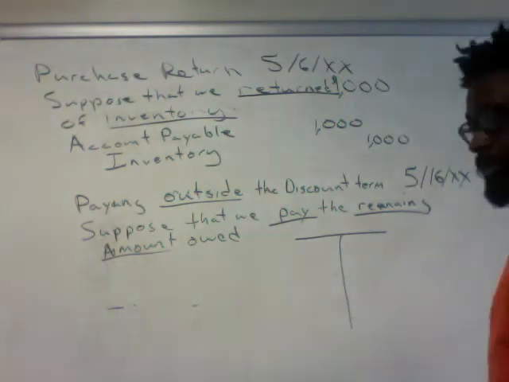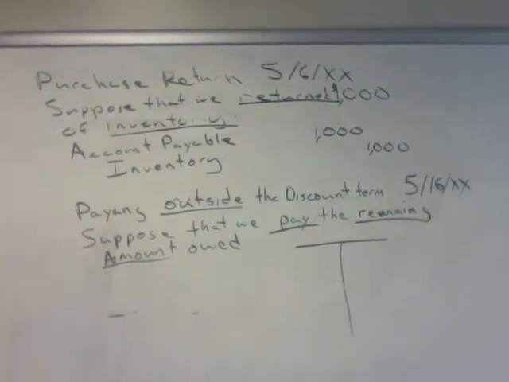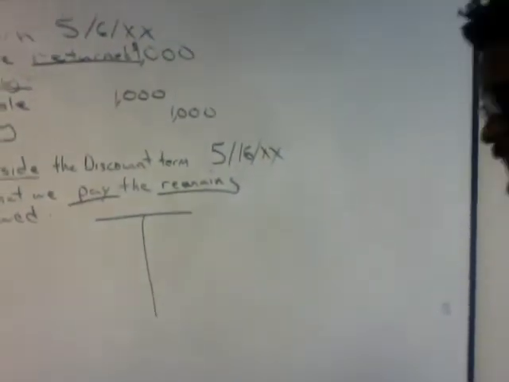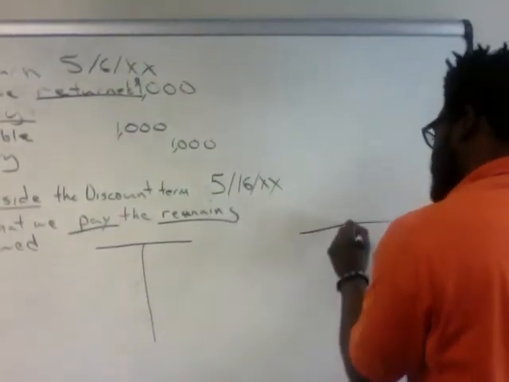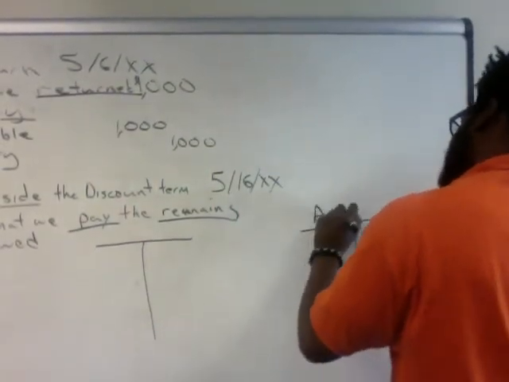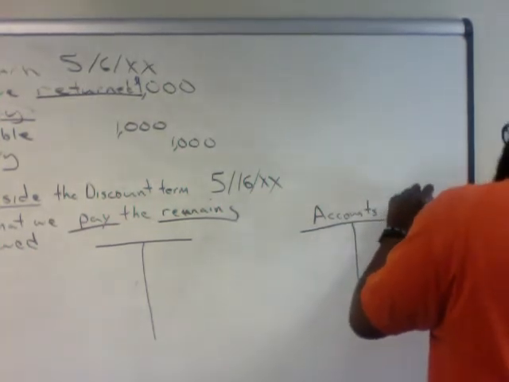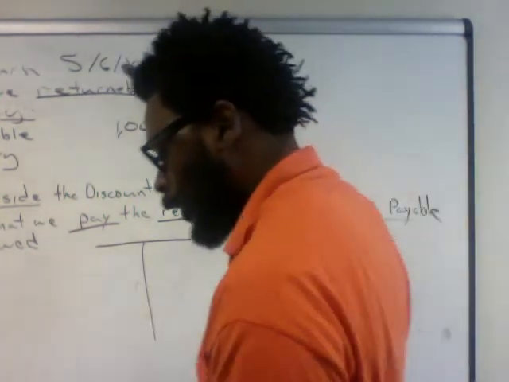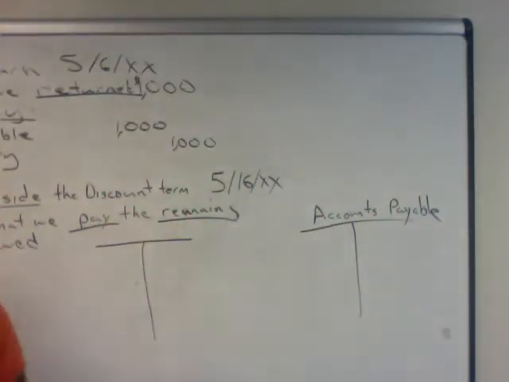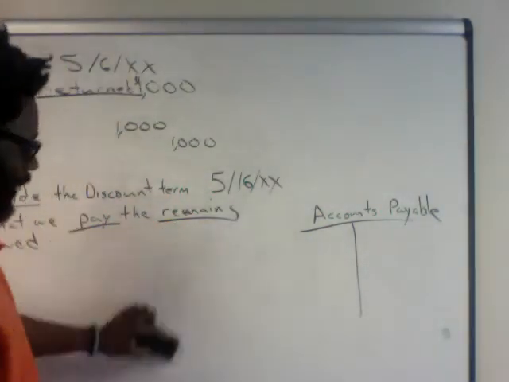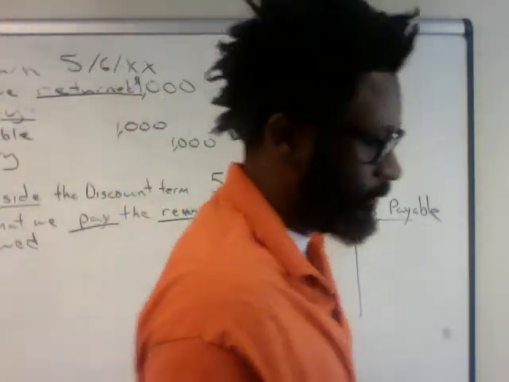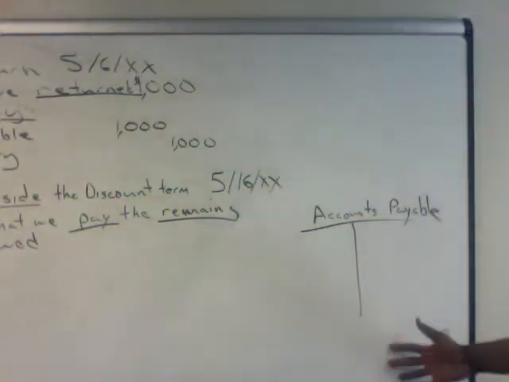Accounts payable. Let's pull this over to the side for a second. Make stuff systematic. We're going to analyze accounts payable. Why? Because accounts payable is a liability that represents what we owe.